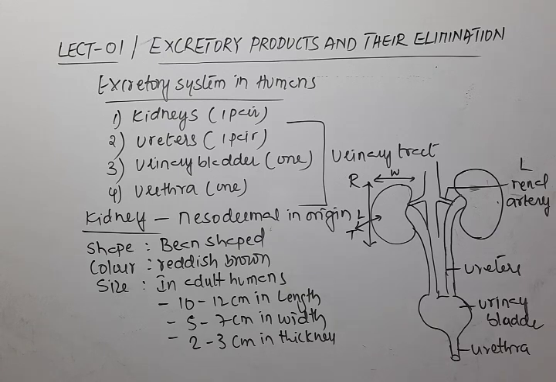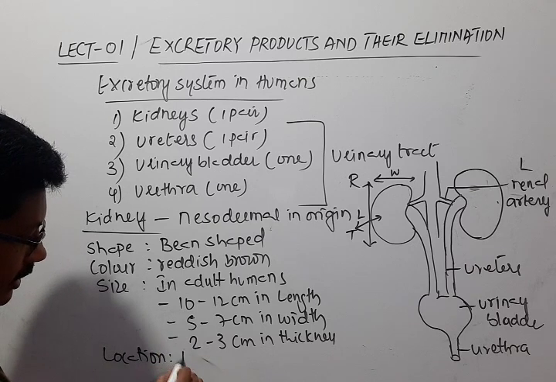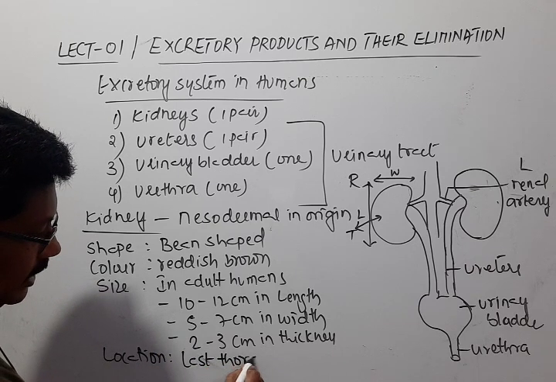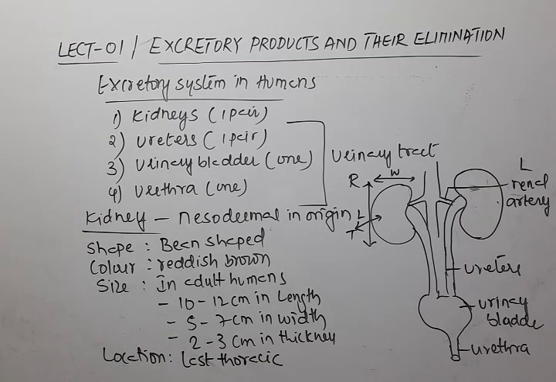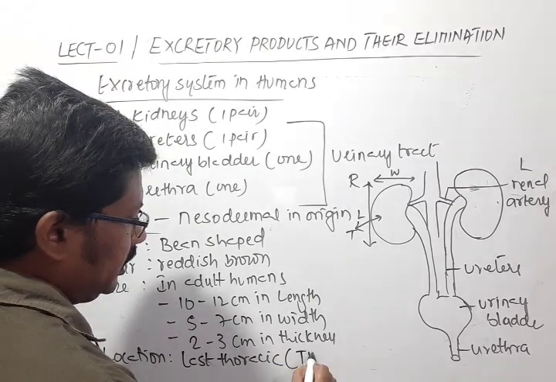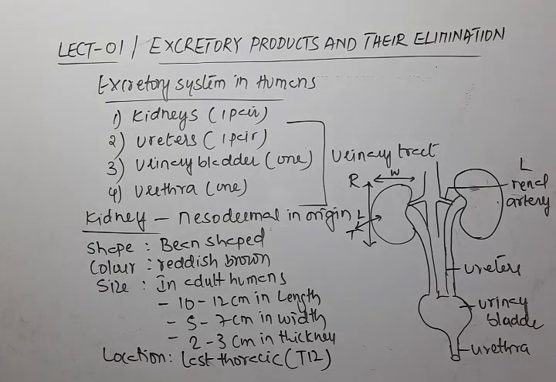Then coming to the location, where the kidney is present. We'll see the kidney between the levels of the last thoracic vertebra, which we take as T12. T stands for the thoracic region.